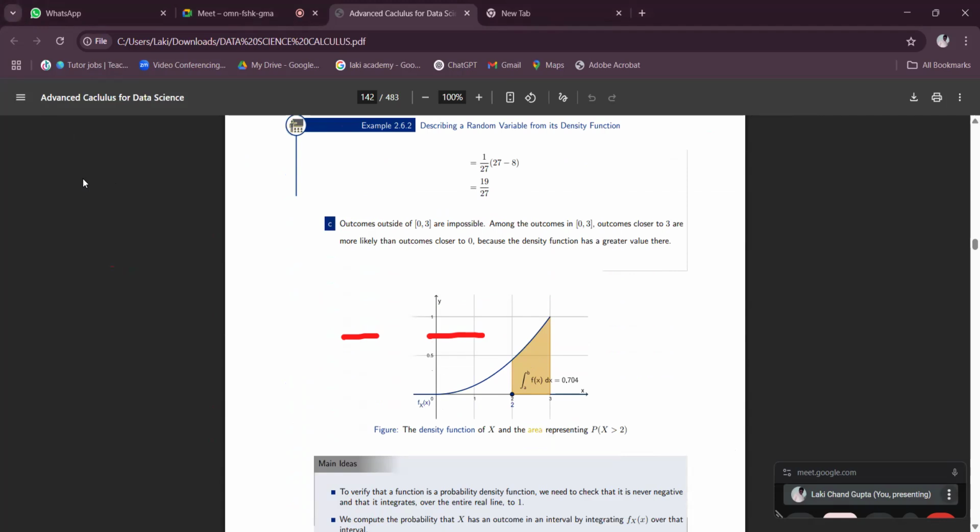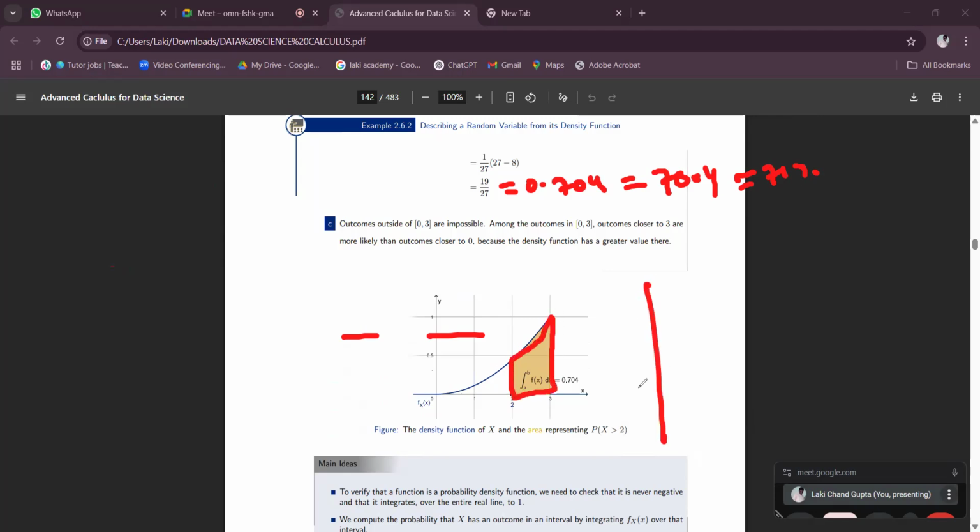When you simplify 19 over 27, you will get 0.705. That represents about 70% of the area, almost 71%, you can say. So it means that out of 100%, 70% is covered by the range 2 to 3, right?